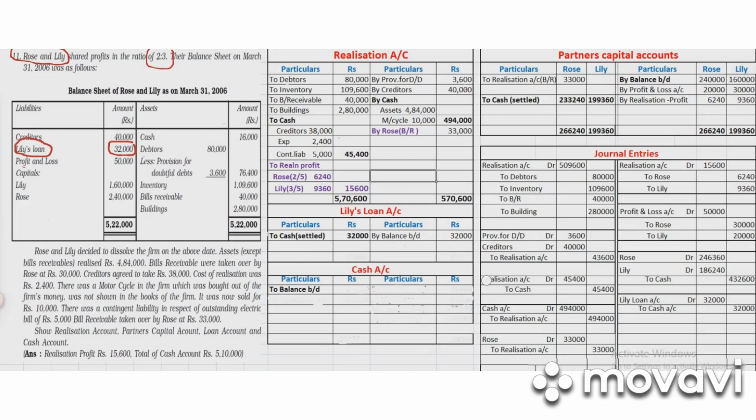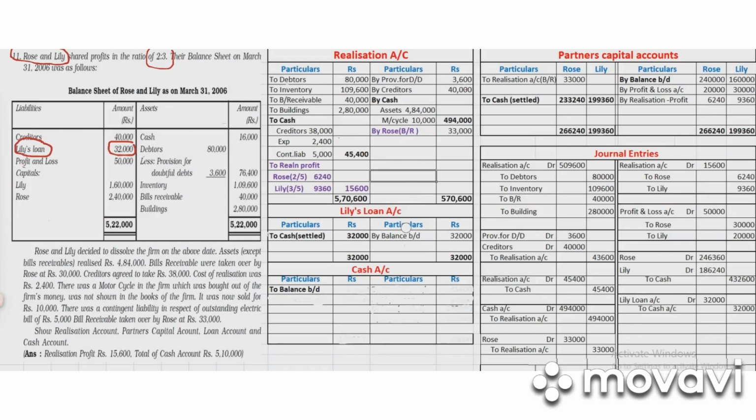So the 32,000 balance is paid completely, and this loan account is closed completely. There is no balance.